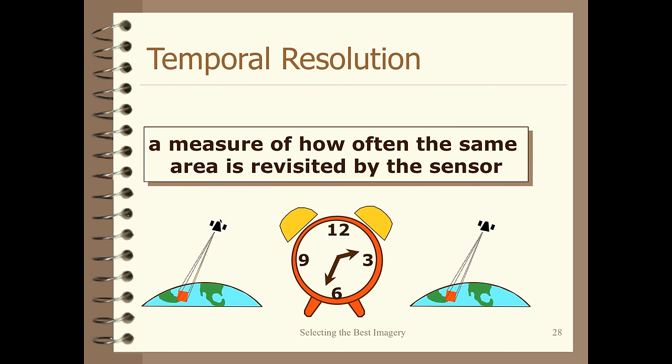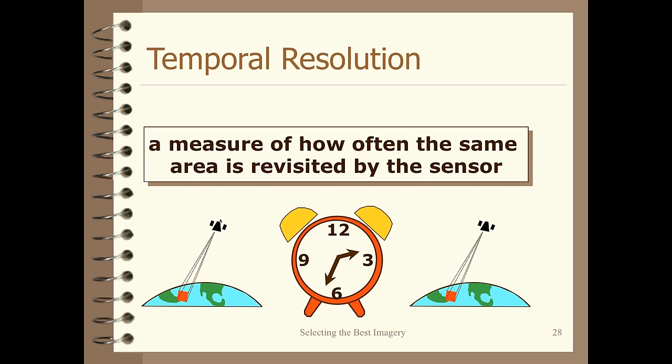The temporal resolution of Landsat is about every 16 days. So I'm sitting in my office here in Durham, New Hampshire, and if an image was collected today, because Landsat was overhead today, I've got to wait 16 days to get the next one. If I've got a flood going on or some other emergency, that may not be often enough.